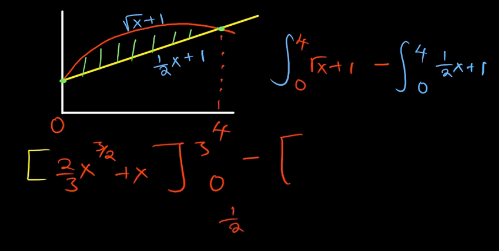So if you increase the power by 1, you become the power 2. Oh sorry, we don't multiply, we divide. So half of x, increase the power by 1, so it becomes 2, and then divide by the 2. You're going to have x to the power 2 over 4.